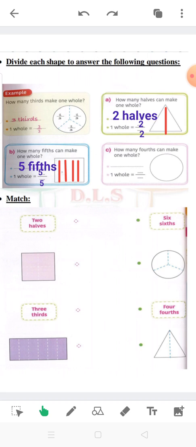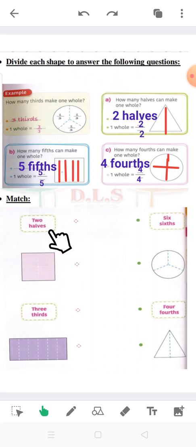Okay, how many fourths can make one whole? So I will divide it into 4 equal parts. So we have 4/4. One whole contains 4/4. We can write it in fraction form, 4/4.